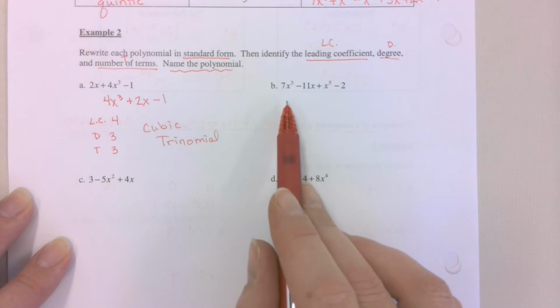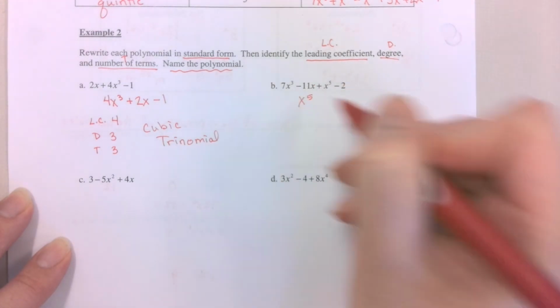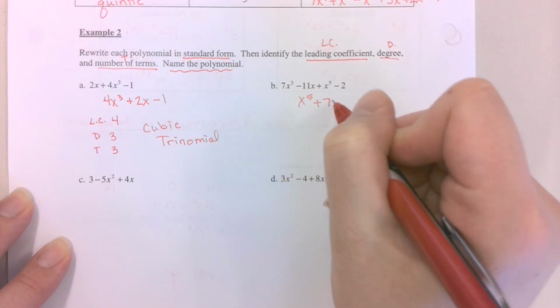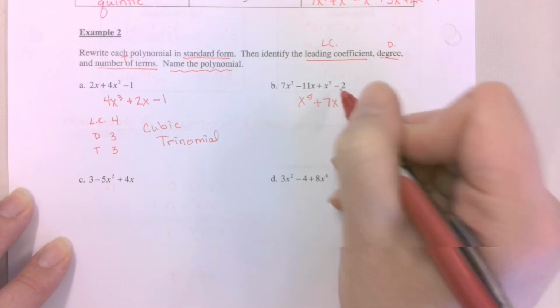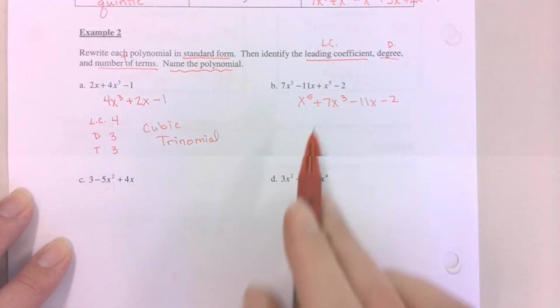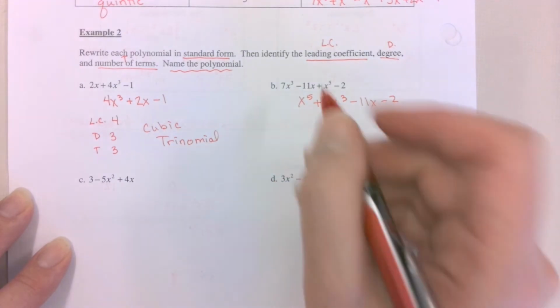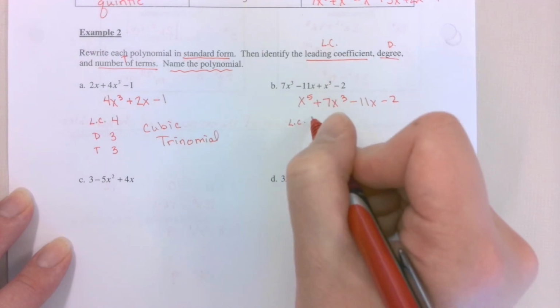All right, again, I want to look for the highest degree, which happens to be x to the 5th. The next highest degree is x to the 3rd. So positive 7x to the 3rd minus 11x minus 2. So we're skipping a couple of degrees, but we go in order. Leading coefficient is in front of the x to the 5th, which is a 1.